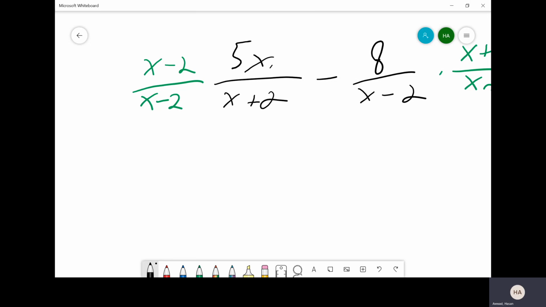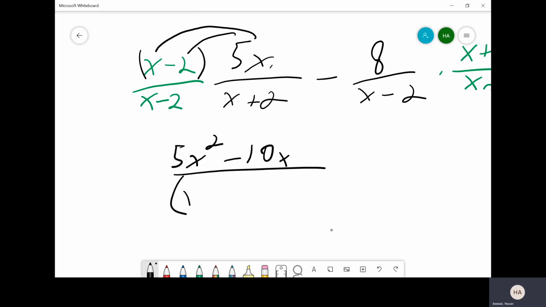So we multiply and we get, okay, well, 5x times x minus 2. Essentially what you're going to do is distribute the 5x to both pieces. So what's 5x times x? That is 5x squared. 5x times negative 2 is negative 10x, right?